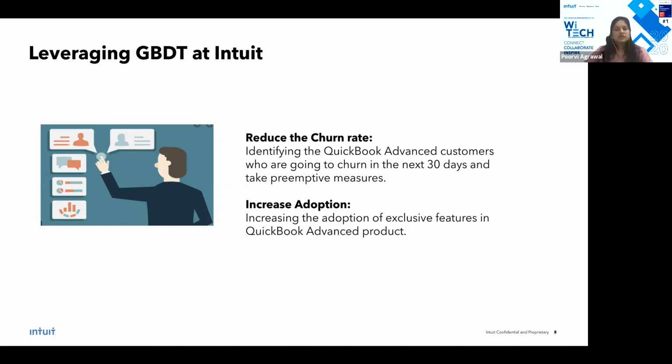We are also using this to increase the adoption rate for a particular feature in the QuickBooks Advanced product. There are many more spaces where we are using this algorithm, or using it to benchmark at least our models. I hope this gives you some idea about the GBDT algorithms and which algorithms to use and where.